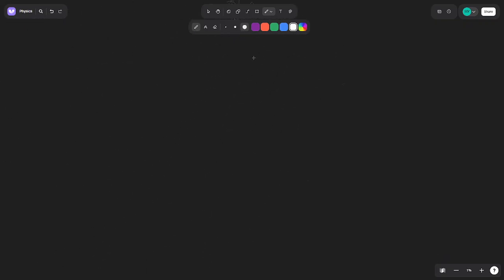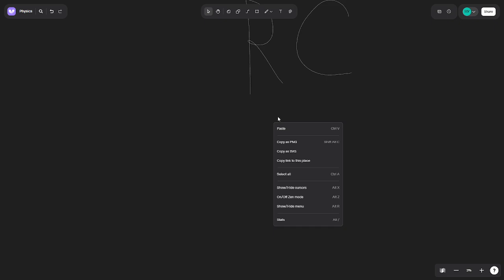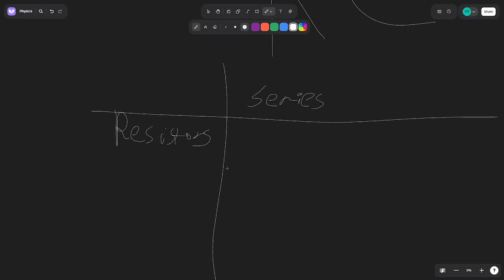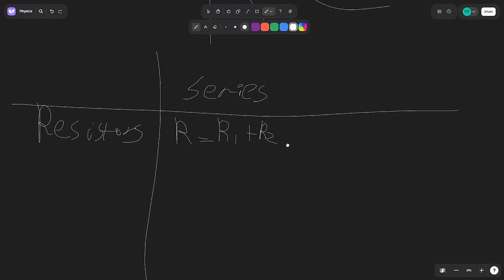Let's go further. The RC circuits. From the basic electricity course, we already know the law for resistors. If resistors are located in series, the total resistance will be R1 plus R2, right?